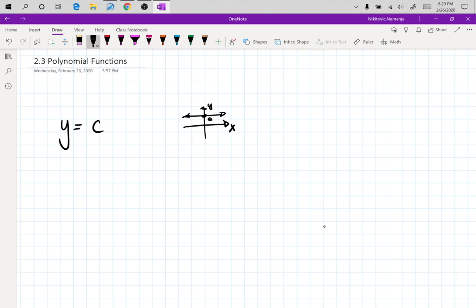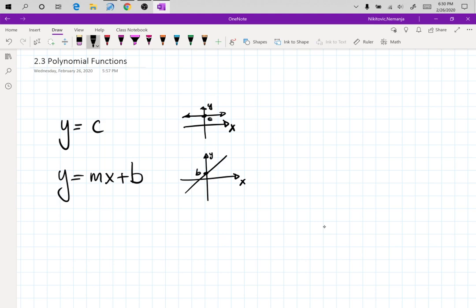Then you have y equals mx plus b. That's another function that is also in the same family, and that is obviously your linear line. This b right there was the y-intercept. So you know that function.